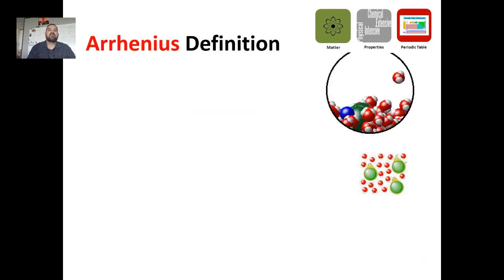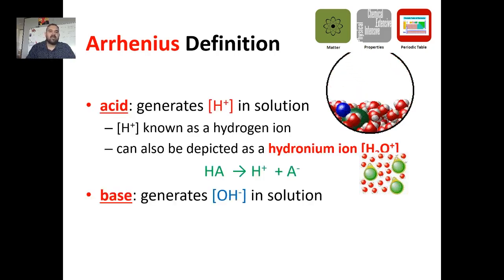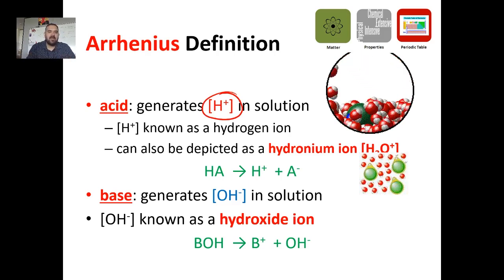All right, next we're going to talk about the Arrhenius definition of an acid. We did this last week, but we're just going to go over it again. So Arrhenius's definition of an acid is anything that when you put it in water, it produces an H plus in the solution. So it has to have hydrogen in the formula in order to be an acid.